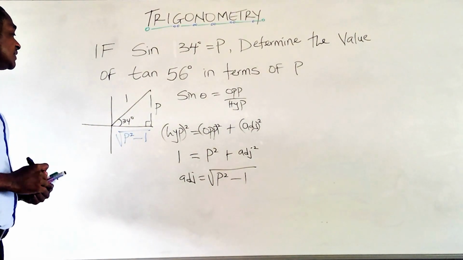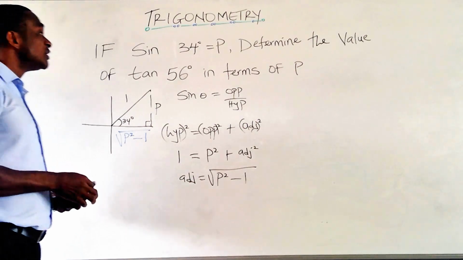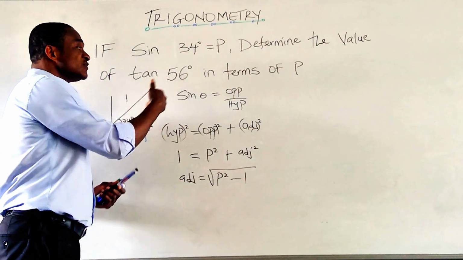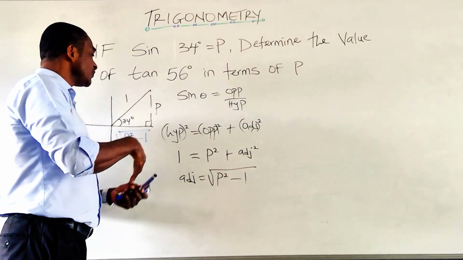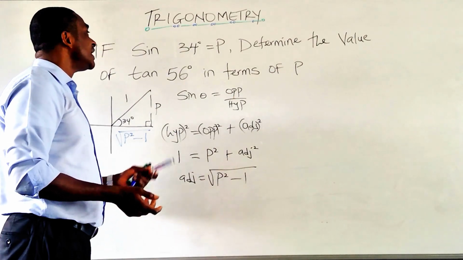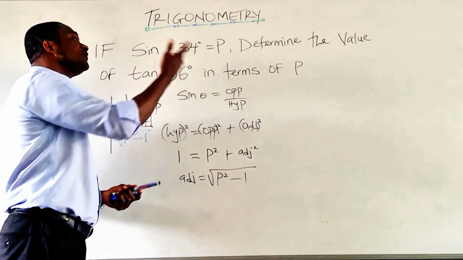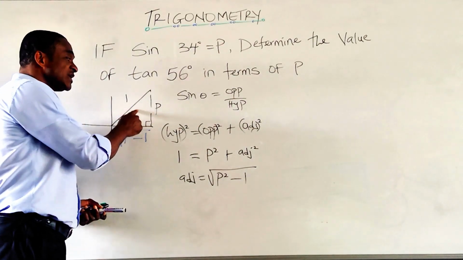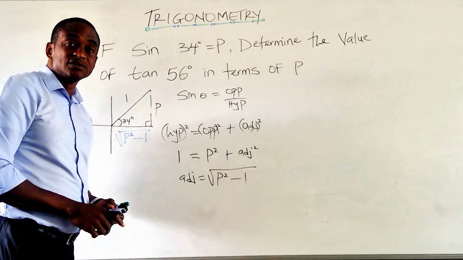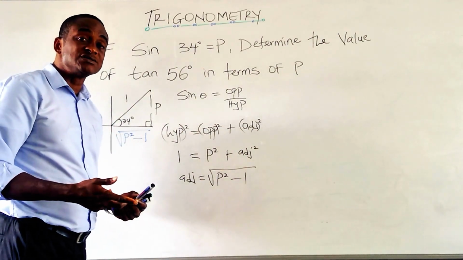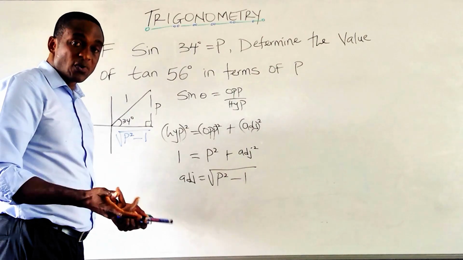And then another thing, this is a problem. They said it must be in terms of p. That's number 1. Number 2, they didn't ask us for cos of 34 or tan of 34 and the rest of them. They are now asking us for tan of 56. But we need to remember that this forms a right-angled triangle, and for every triangle, the sum of angles is 180.